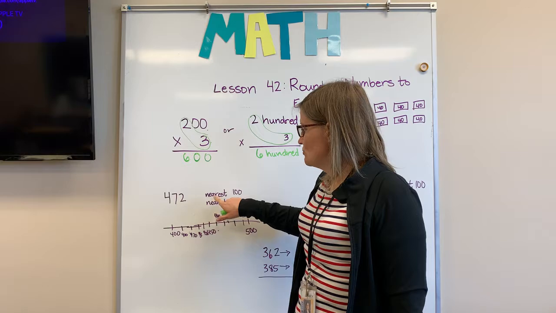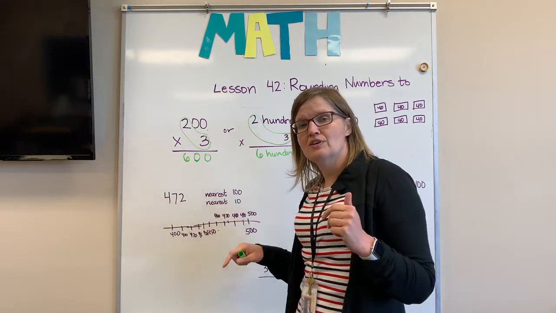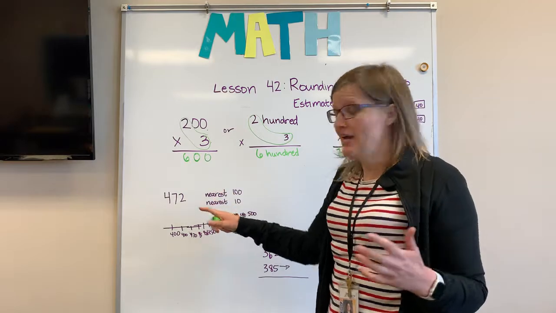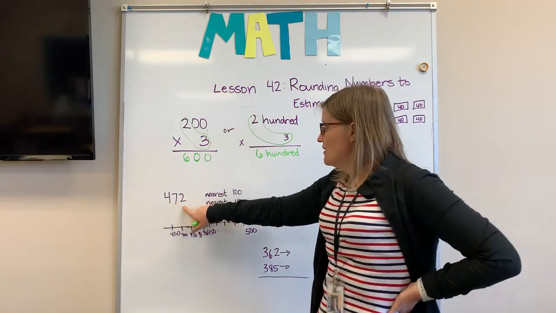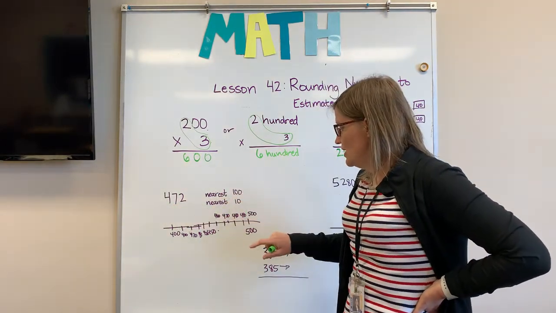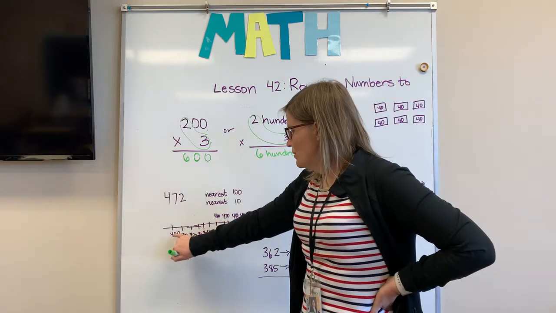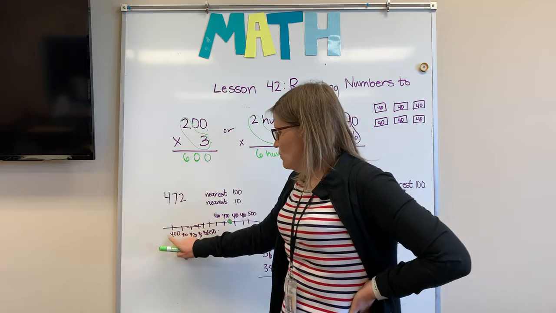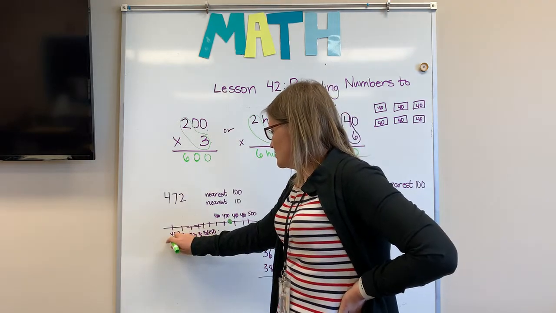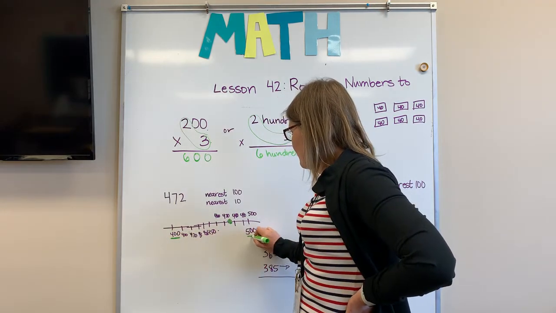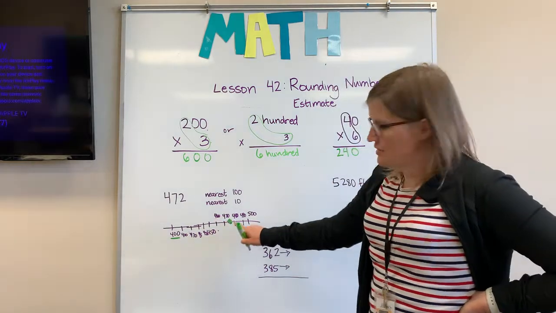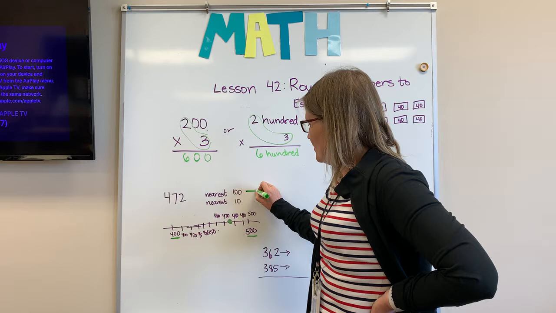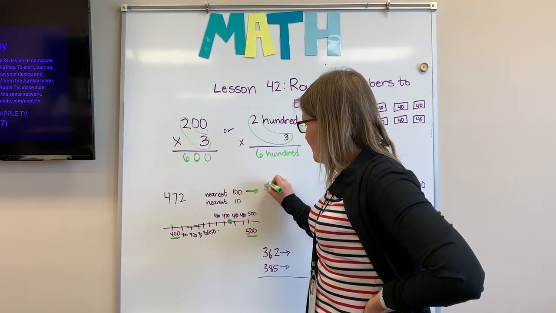Now they want us to round this to 2 different things, and they're going to be different places, so you've got to pay close attention. 472 rounded to the nearest hundred: 472 is right about here. So if we were rounding it to our nearest hundred, here's 400 and here's 500, we can clearly see that 500 is the closest. So to round it would be 500.